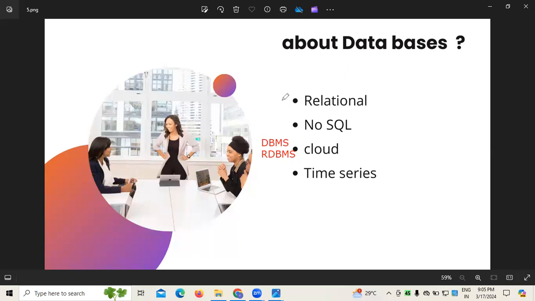But one of the most prominent usages of a database is to create relationships. That's why understanding database management, and relational database management systems, is something we have to know.